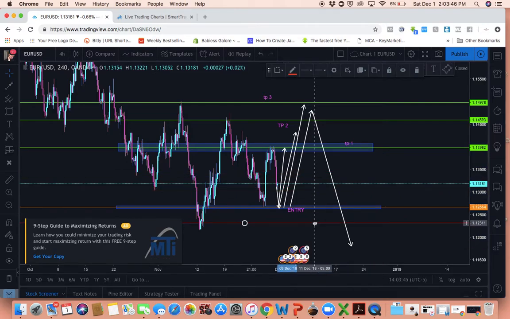If your stop loss was way down here, you ended up catching all these pips and all this money while you were sleeping, but then the market decided to shift and turn back around, and you didn't secure your profits. You don't have to wait for the market to hit your TP before you take your profit. You could say, I've made enough money, let me take my profit, instead of being greedy and trying to hit your TP.